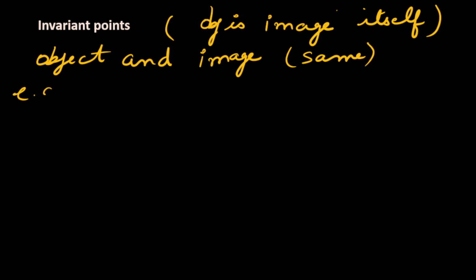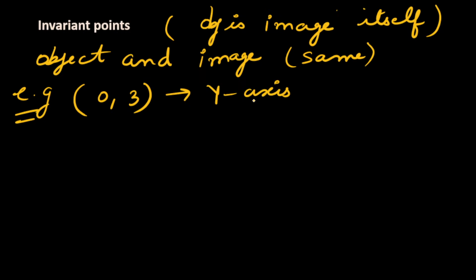I'll give you one example. Suppose I have one point 0, 3. If you do its reflection in the y-axis, I told you y will remain the same and x will change.